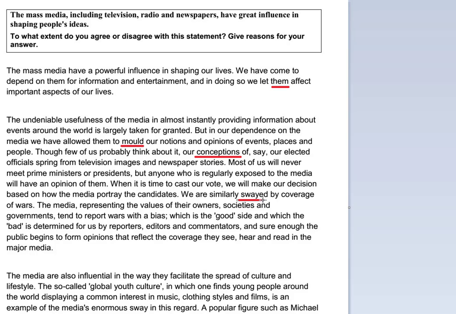Swayed is good. Reporters, editors, commentators. Alright, so we've got this nice lexical chain going here. These job titles are all related to the media. That's quite good. Oh, and bias also.